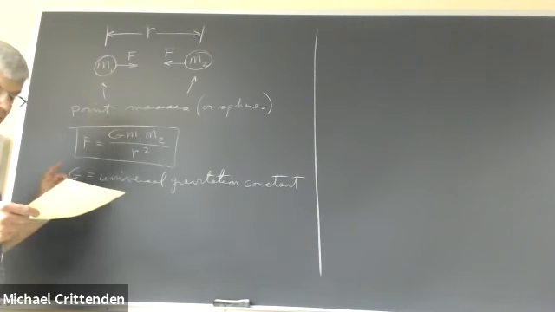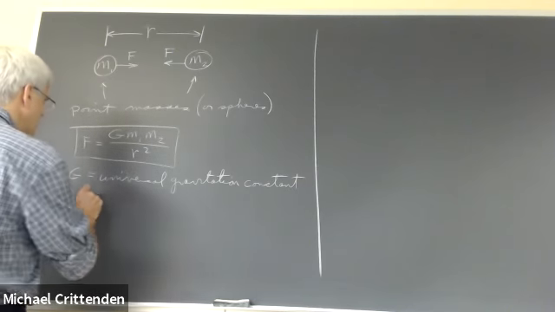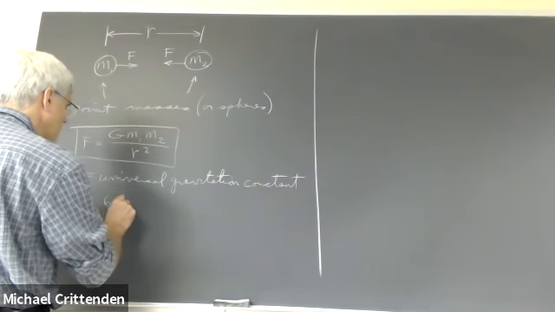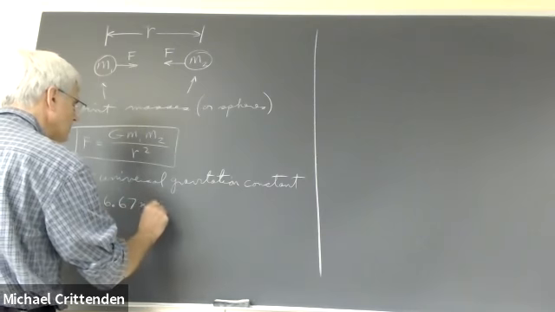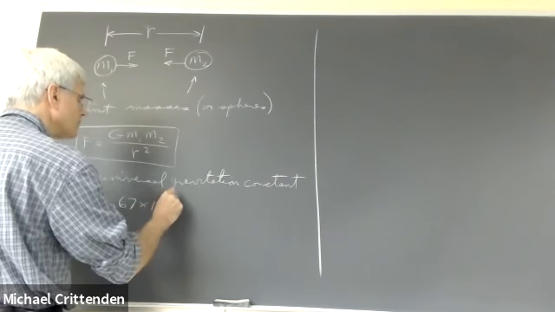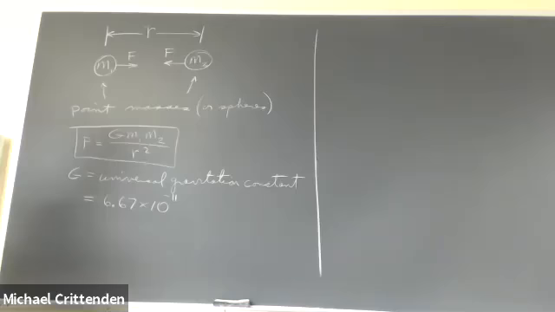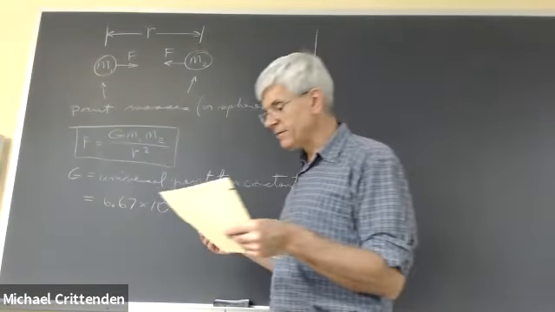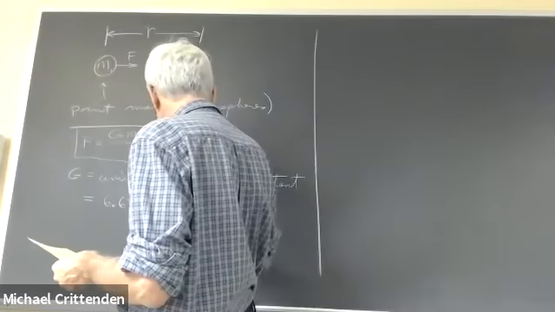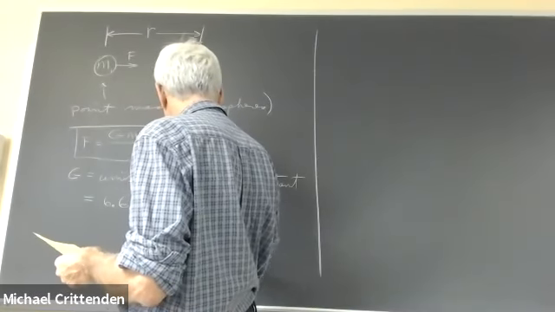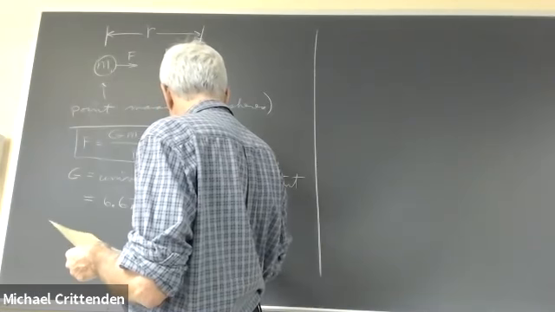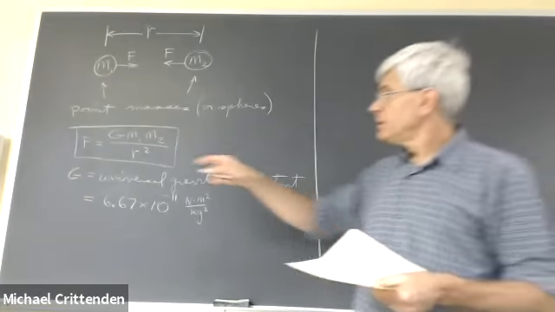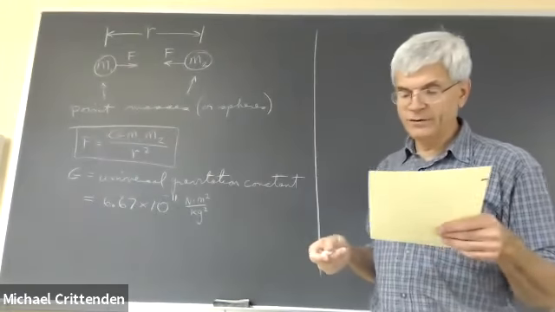As long as you're measuring in SI units, it's going to equal about 6.67 times 10 to the negative 11, which of course is something you can look up on your reference handout. There's a whole glob of units on that number to make the force come out in newtons.